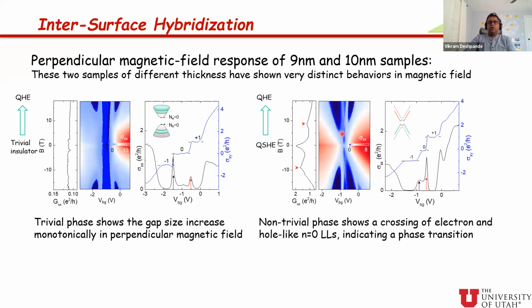So essentially a gap closing and a reopening at higher fields, again, evolving essentially in some sense from the quantum spin Hall to the quantum Hall effect.